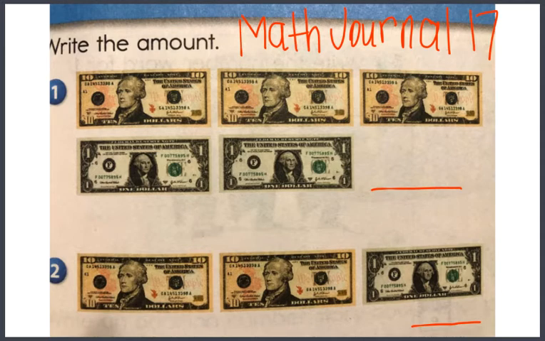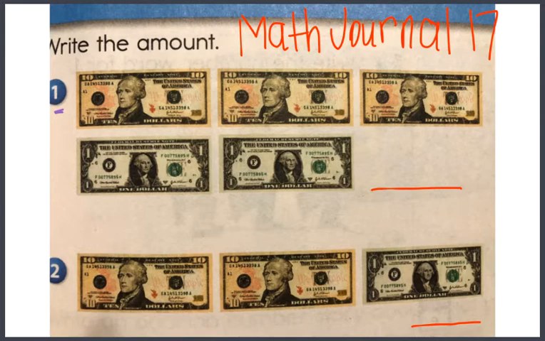This is why we so often practice skip counting in math. I am going to start with the largest bill that I see in problem 1. Problem 1. I'm going to start with the largest bills. I only see $10 bills and $1 bills.